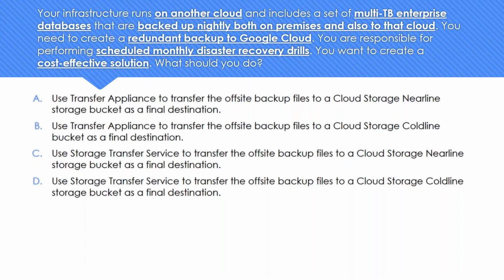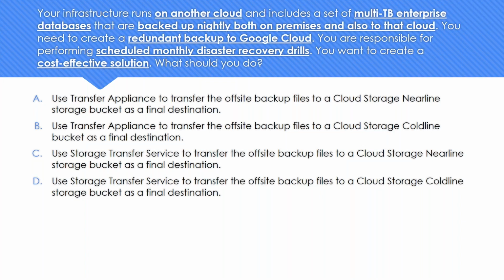They're going to block it at the gate itself. Technically, it may work, but it's not going to work in reality. So whenever you see transfer appliance, I'm not going to even look into that option, to save some time. So A and B are totally ruled out.